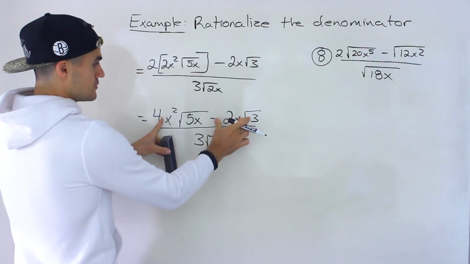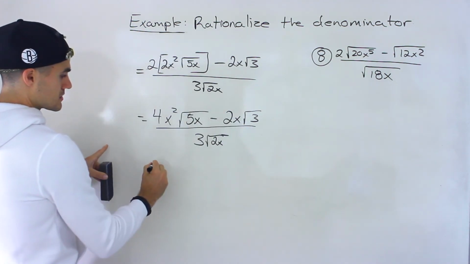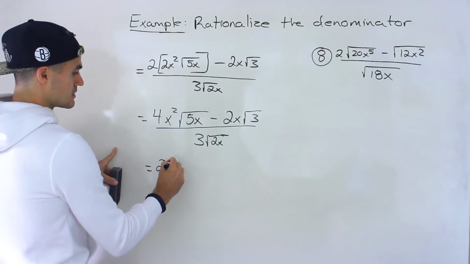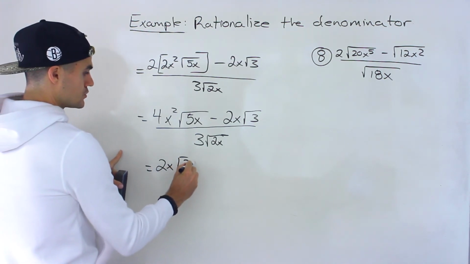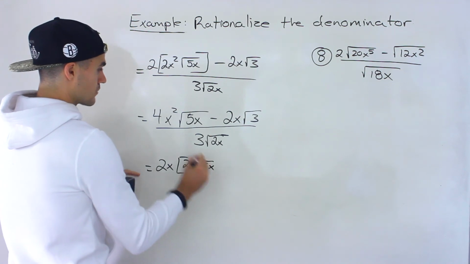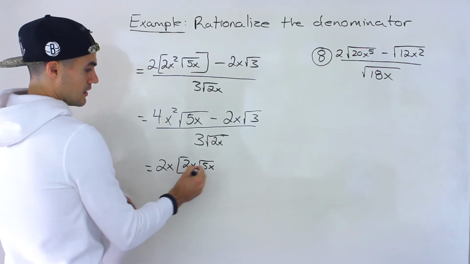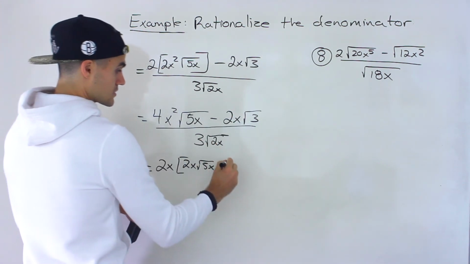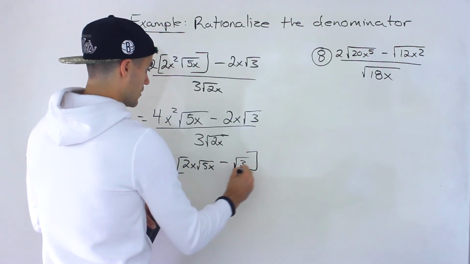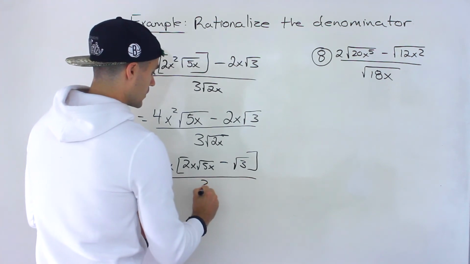Notice from these two terms, we could take out a 2x. So we'd have a 2x, and then we'd end up with 2x root 5x, right? 4x squared divided by 2x ends up giving us 2x. Minus, we took out the 2x, so we're just left with a root 3 here. And this would be all over 3 root 2x.